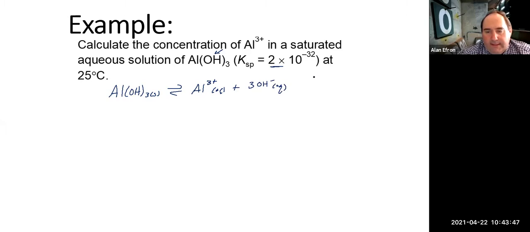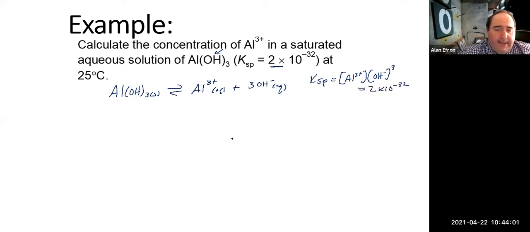Again, we could write our Ksp expression here, which would be our products, which is our aluminum times our hydroxide cubed, and that would equal the value they gave us, 2 times 10 to the minus 32. Again, in this situation, no numbers given to you or anything, just the Ksp value, or you need to look up the Ksp value sometimes, means we're going to ice table this.